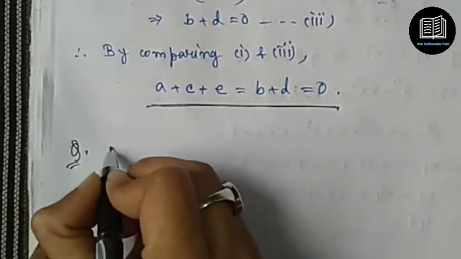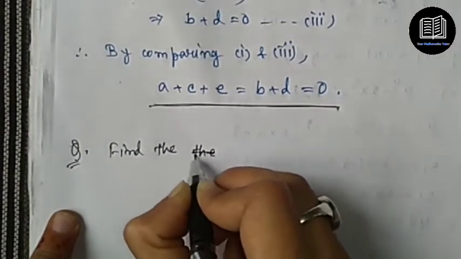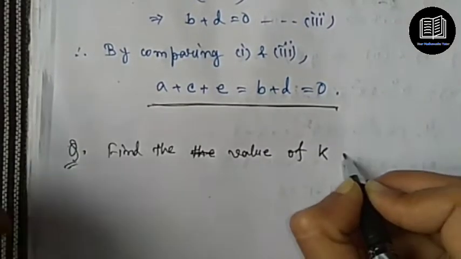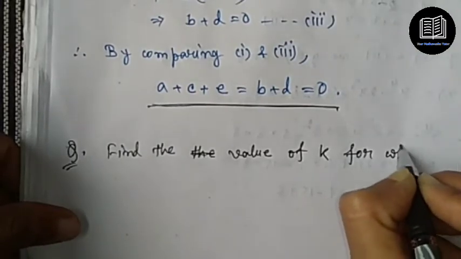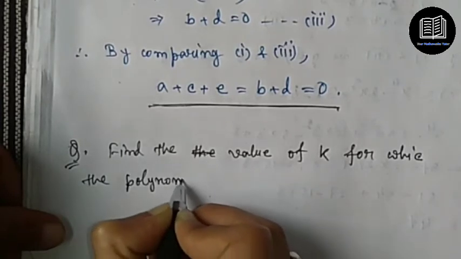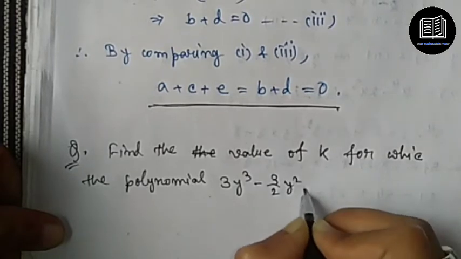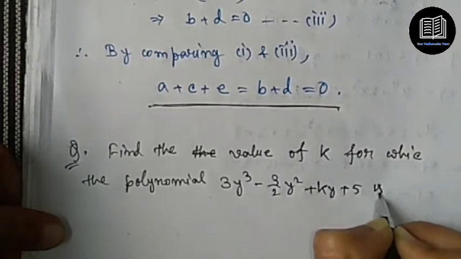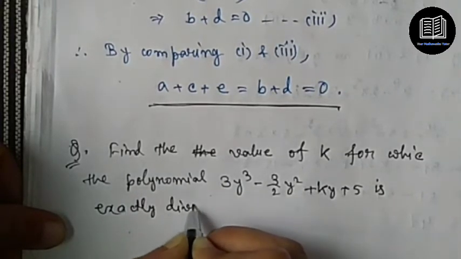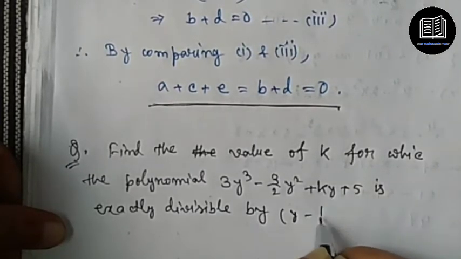Find the value of k for which the polynomial 3y cube minus 3 by 2 y square plus ky plus 5 is exactly divisible by y minus half.